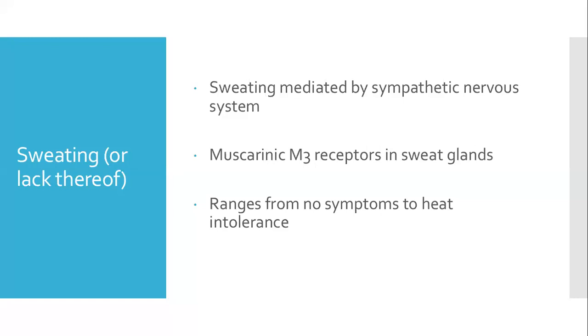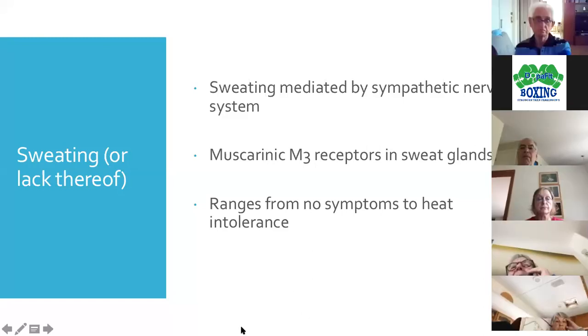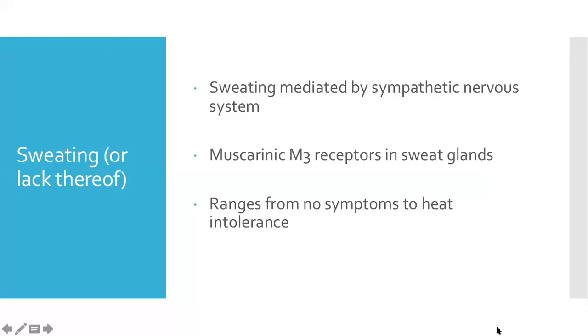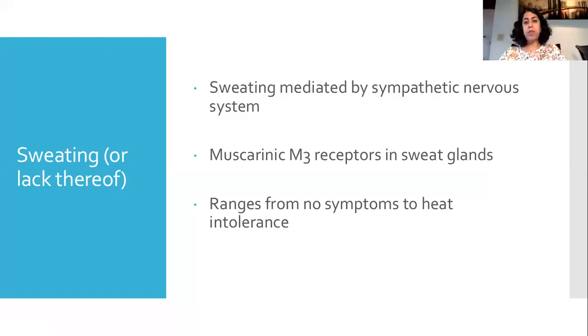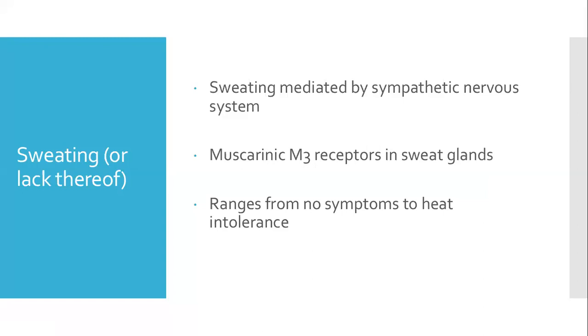Unfortunately, there's not really a whole lot that we can do with this one. We don't have great medications for the sweat issues or the heat intolerance. Other than using ice packs or cold packs or heat, depending on what you're feeling, there aren't medications that have been developed yet, at least, to help with this particular symptom.